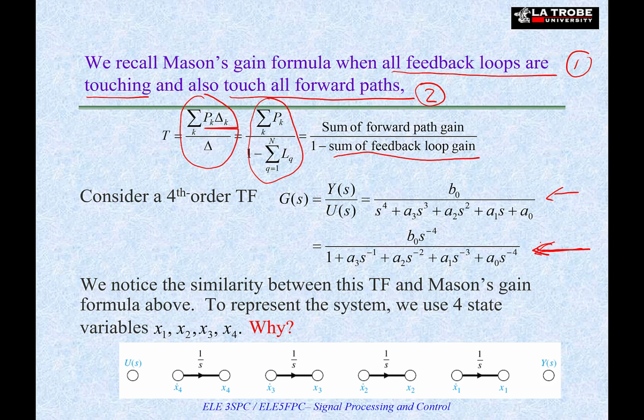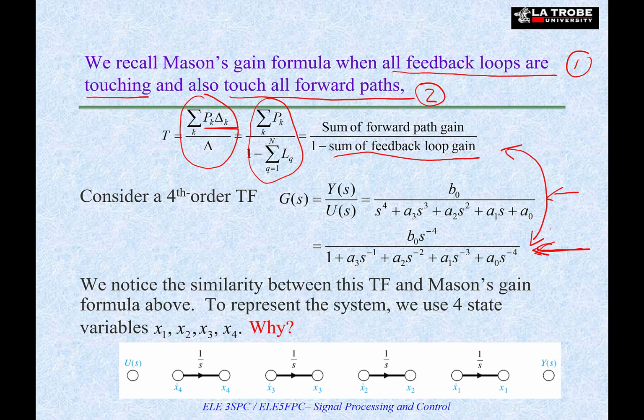Now let's compare what we just derived with the simplified version of Mason's gain formula. We can immediately see some similarity between them. Let's look at the denominator. The first term is unity in both expressions. Then we have the summation.